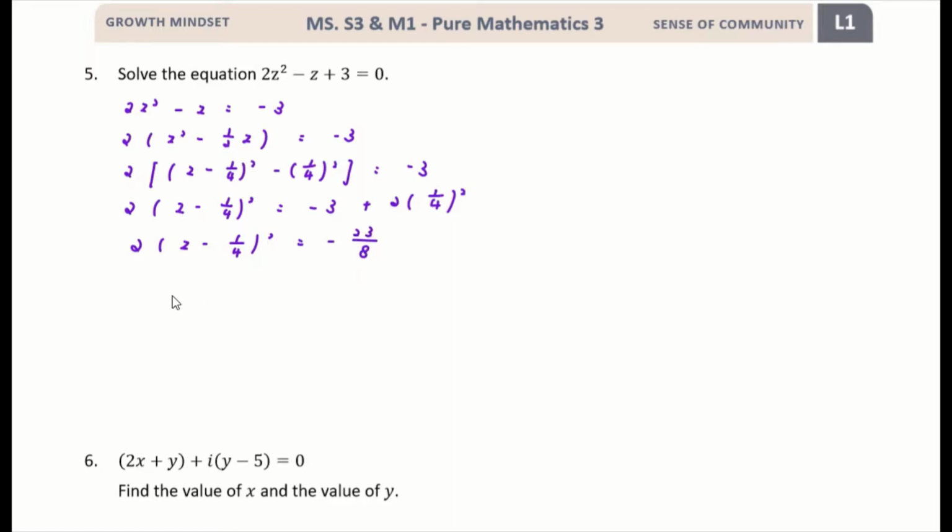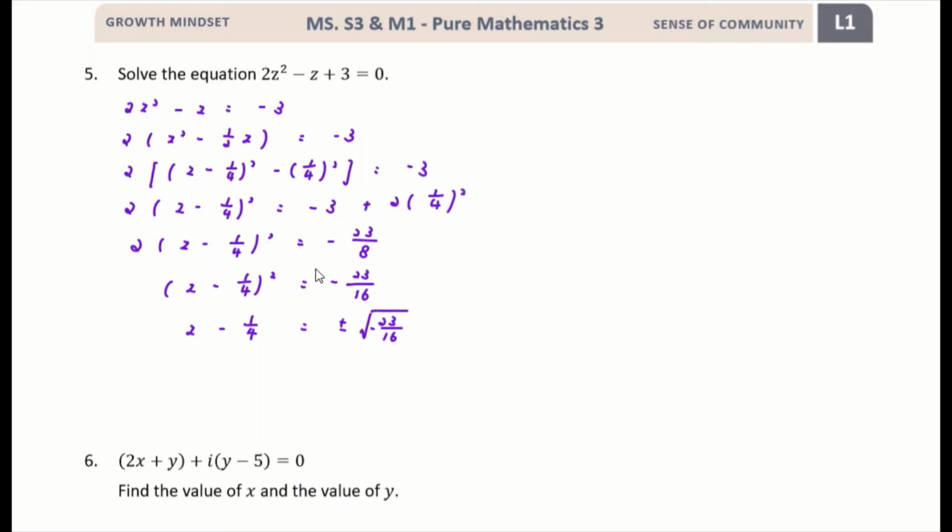Okay, so move the 2 over, then I will have z minus 1 over 4 squared equal to negative 23 over 16. So you can see I have this negative number, so when you square root the answer, obviously you are going to have a complex number. So square root of negative 23 over 16.